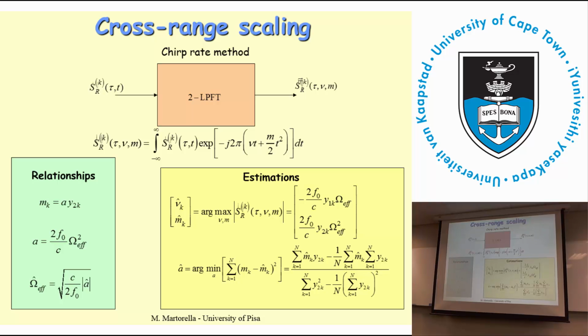So now, if I am able to estimate this value of A, then I'm able to estimate the effective rotation vector. And the effective rotation vector, in fact, will be the square value of this multiplied by the magnitude of A, or absolute value of A. This has to be positive all the time.